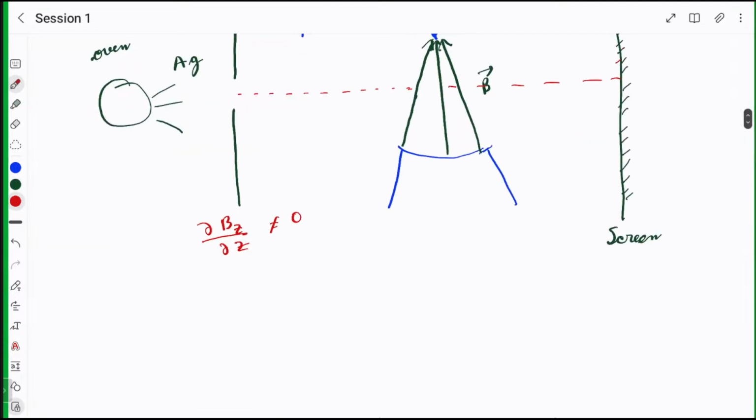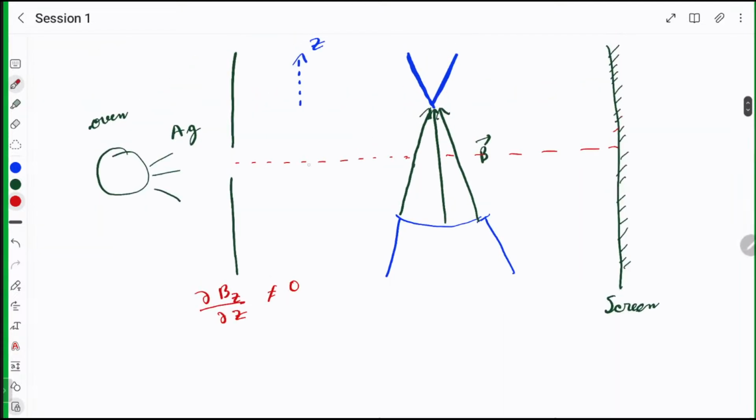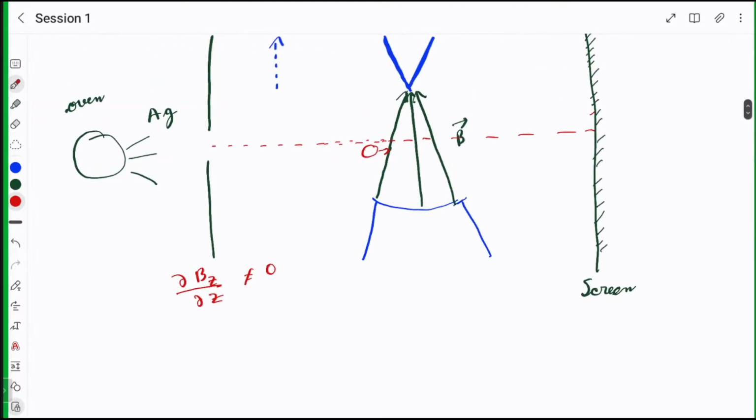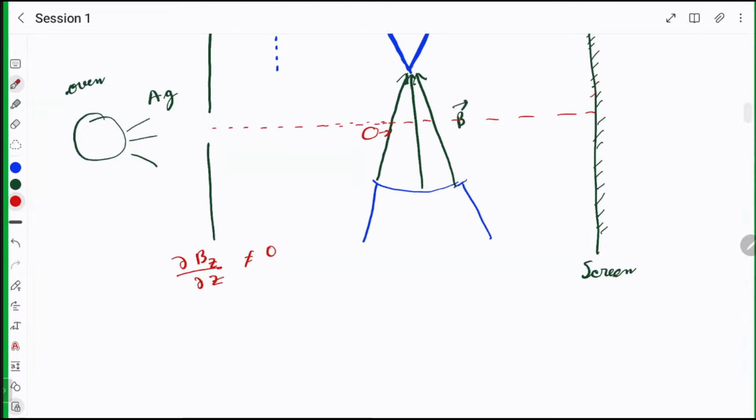Now, suppose there's some silver atom which is passing through here. So the question is, how much force would it feel? Or more specifically, since the inhomogeneity of the magnetic field is in the z direction, let's ask how much force it would feel in the z direction.